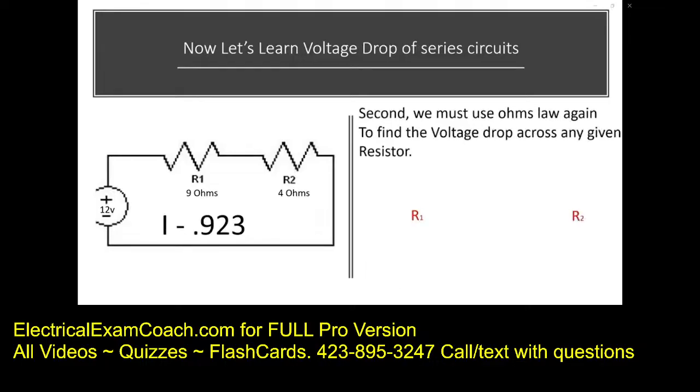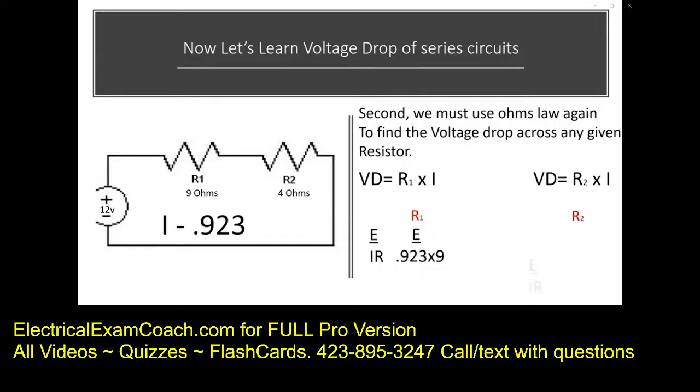Second, we must use Ohm's law again to find the voltage drop across any given resistor. The voltage drop is going to be equal to R1 multiplied by I, and voltage drop of resistor 2 is going to be equal to that resistor multiplied by I. Because remember, we're just trying to find the voltage drop. So E equals IR. Just plug in the knowns. In this case, we know the I and we know the resistance, and we're looking for the voltage drop.